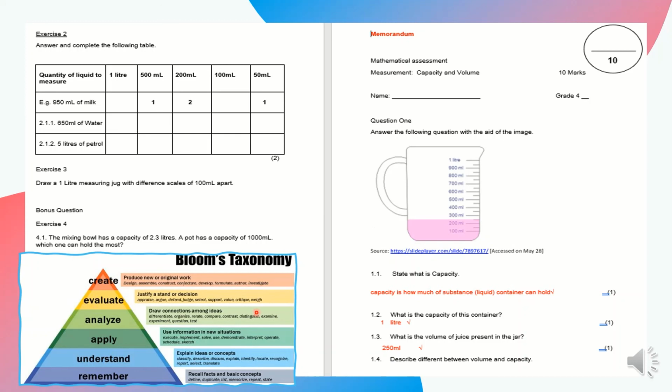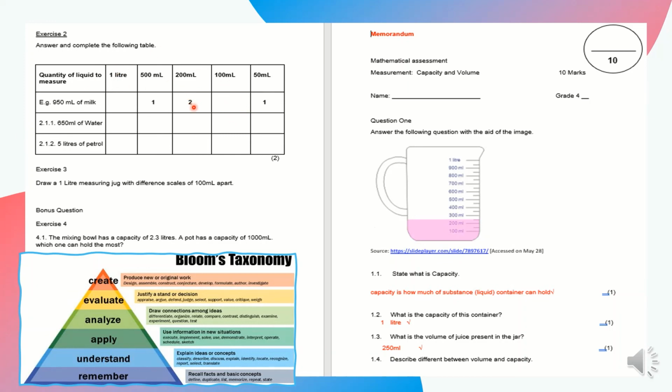It's definitely applying, and a bit of analyzing, because you need to think, it's a bit of both.